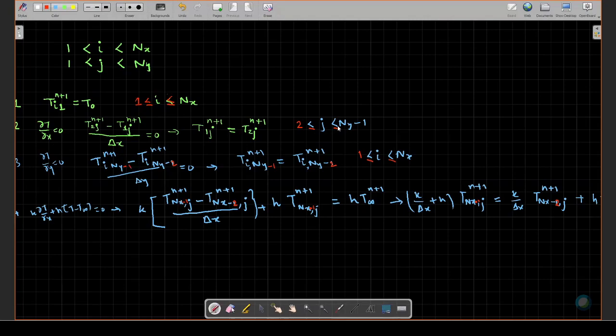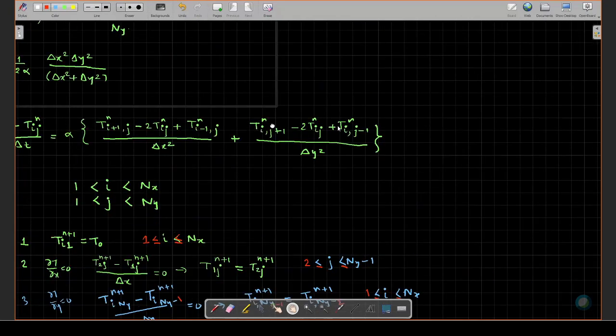So again we'll come back to the same one. Sir, is nx the number of divisions along the x-axis? And nx is the number of grid points. So you have 7 grid points, for example. Sometimes it may be cells also, and that may lead to confusion.